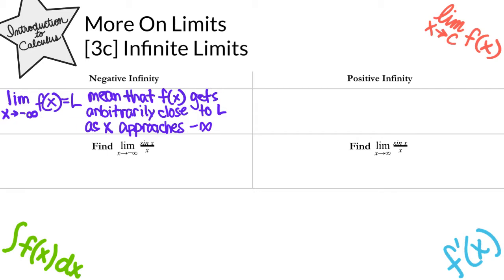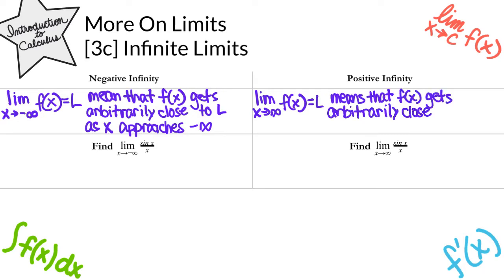It's important that we use it. For positive infinity, we have the limit as x approaches infinity of f of x equals L. And what that means is f of x gets arbitrarily close to L as x approaches positive infinity. Notice that we're describing the infinite limits similarly.